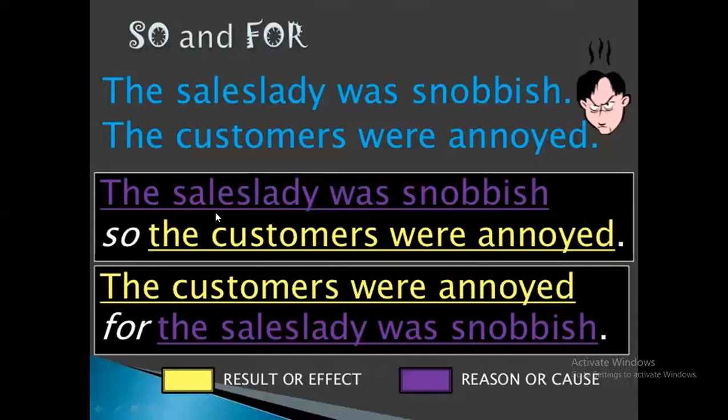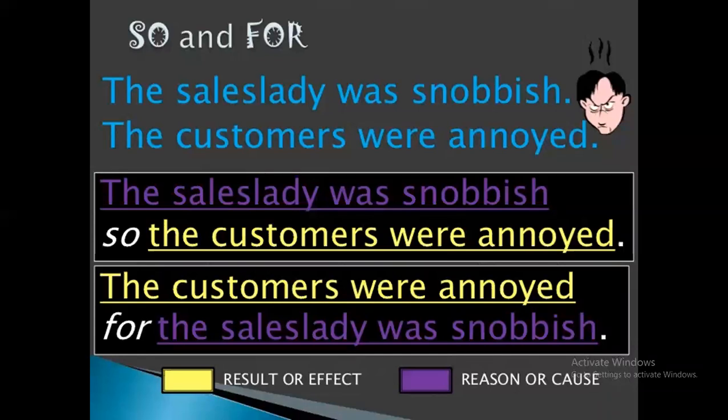If the reason comes in the beginning and the result comes later, you use so. This is the only thing you have to keep in mind when you are using so and for. It is used in the same sense, to connect the reason with the result or the cause and effect.